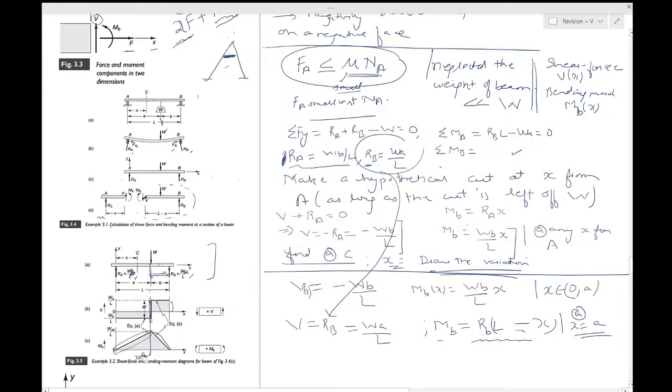So what does all this tell us? It tells us a few things. The most important thing is that this beam experiences the maximum bending moment at this point where this weight W hangs.